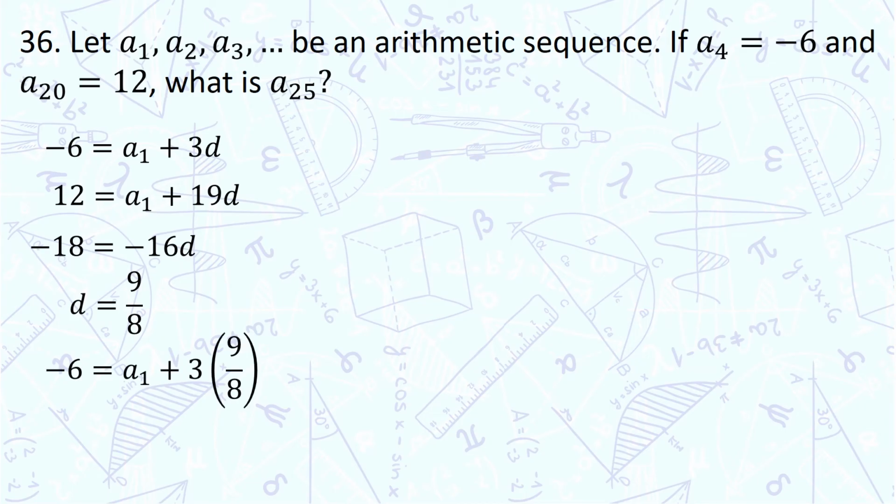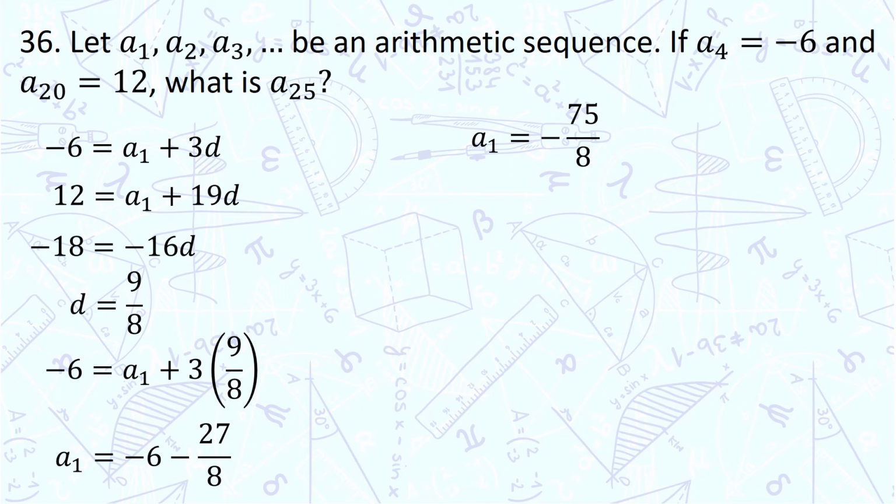So that is 3 times 9/8. a sub 1 is equal to negative 6 minus 27/8. That is 3 times 9 over 8. So a sub 1 is equal to negative 75 over 8. 8 times negative 6 is negative 48 minus 27, negative 75 over 8.